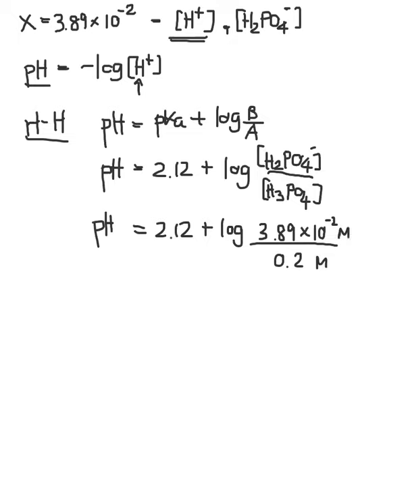You can calculate the pH using these two alternative methods, and the pH you will get is approximately 1.41.